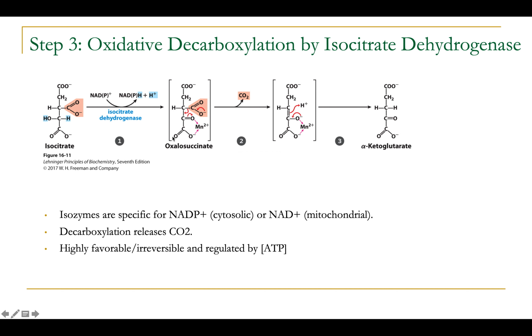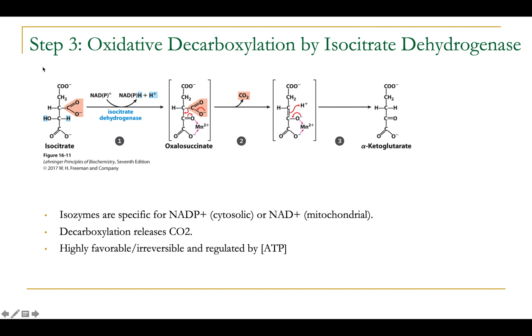So oxalosuccinate is an unstable intermediate which is stabilized within the enzyme by a manganese ion. And the manganese ion is also used to destabilize the carbon bonds within the oxalosuccinate to kick out the carboxy group and convert it into this enol intermediate, which is highly unstable and immediately collapses to the final product, alpha-ketoglutarate.